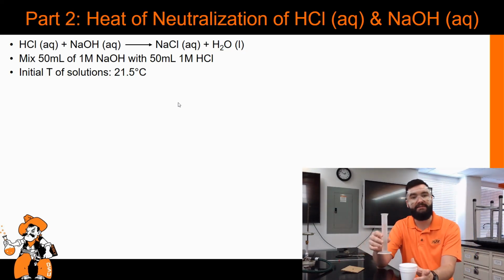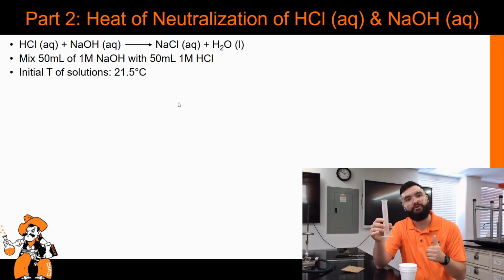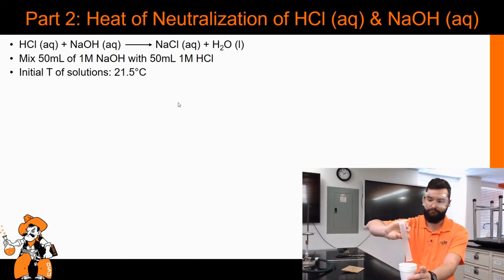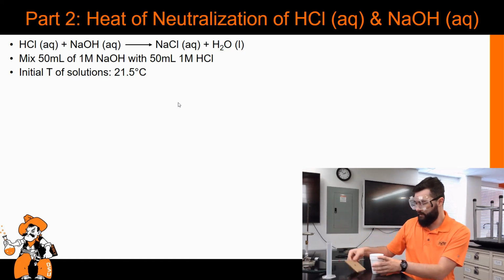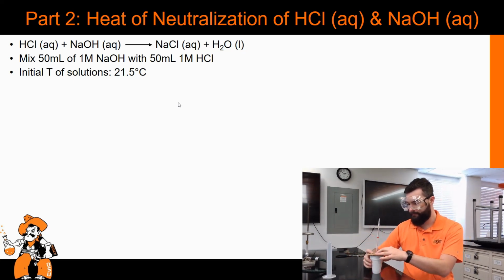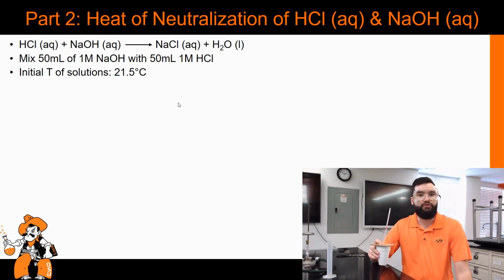So as soon as I mix these two, I will have a solution of sodium hydroxide and hydrochloric acid. And I know the initial temperature of the solution is going to be that of both of these, so it's going to be 21.5 degrees Celsius. Okay, so I mix these. I stick my cover over the top, thermometer in here, and I swirl it.